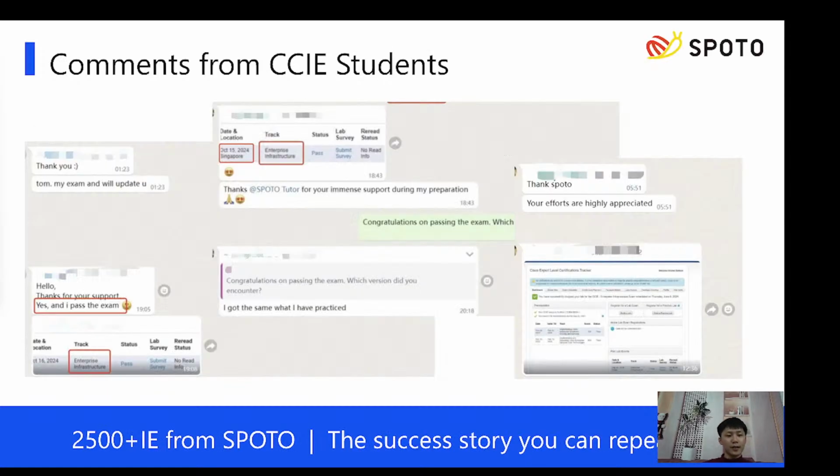Okay, here are some comments from the CCIE students. As you can see right here, we have master candidates who passed the exam, and they are pretty happy and grateful. So it means our solution is very stable, passable, and credible.